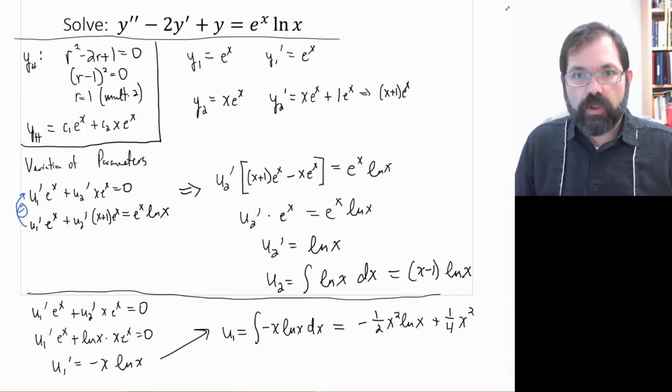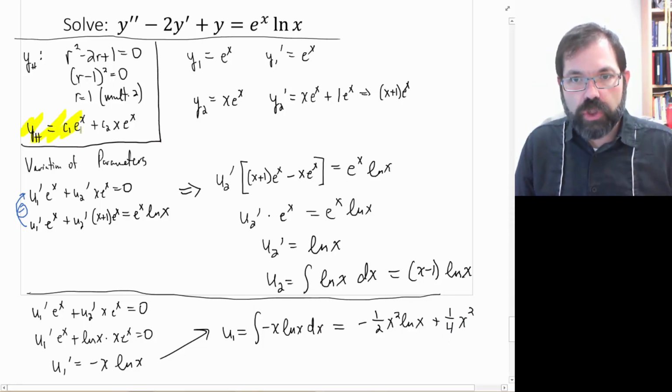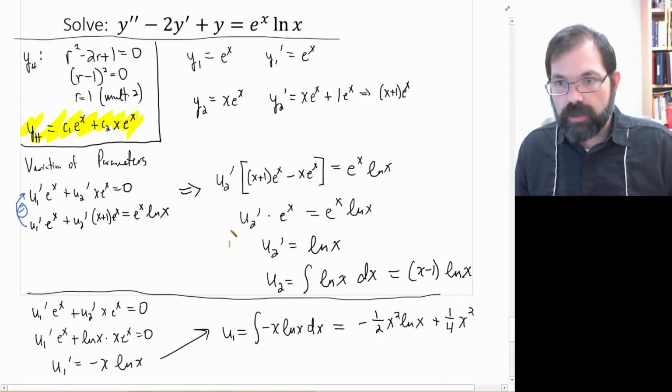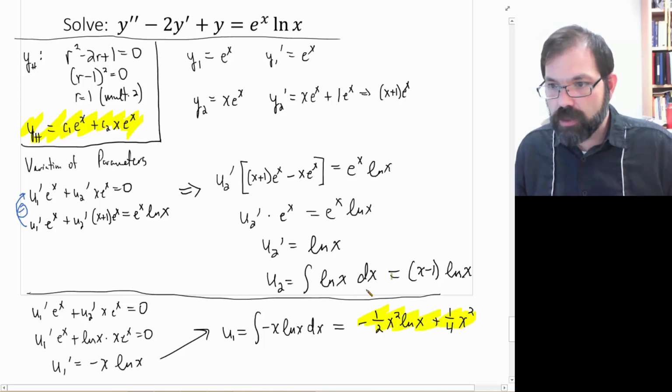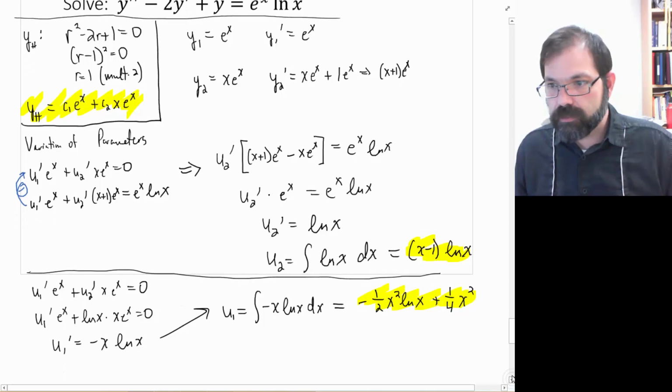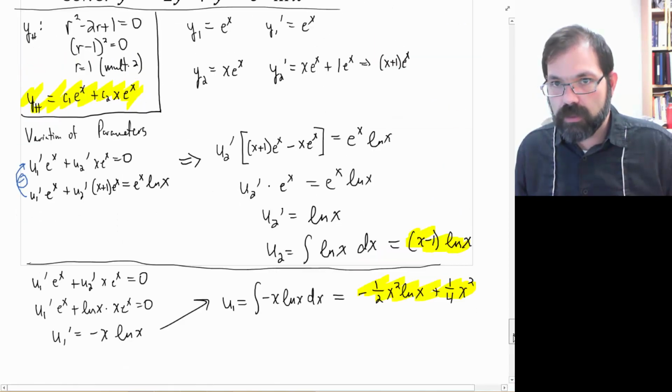All right, so what do I now know? I've got the y sub h, and I've got the u1, where the u1 is here, and the u2 is here, and so I can start putting things together. Oops, sorry about that, went a little too far.